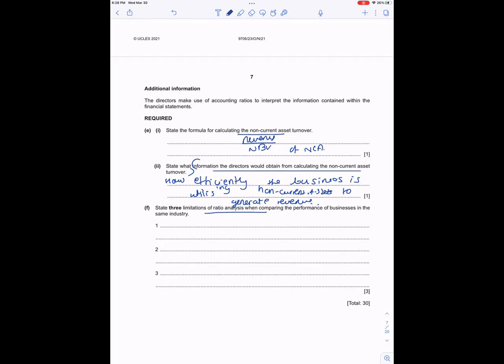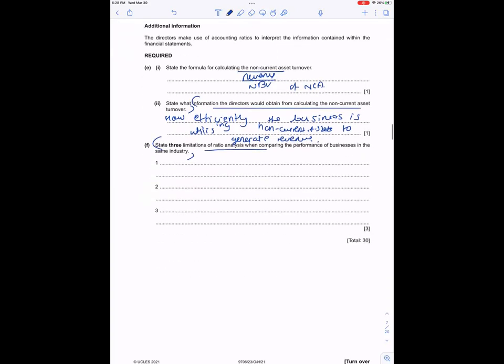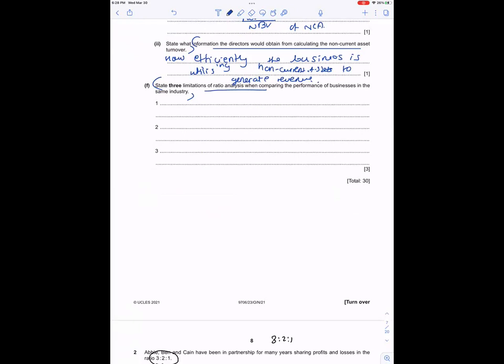State 3 limitations of ratio analysis when comparing the performance of the business. Different sizes of business, so business size may be different. Okay, what else? Non-financial factors that affect business performance may not be included.